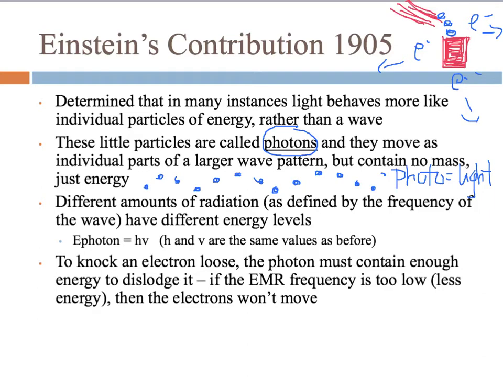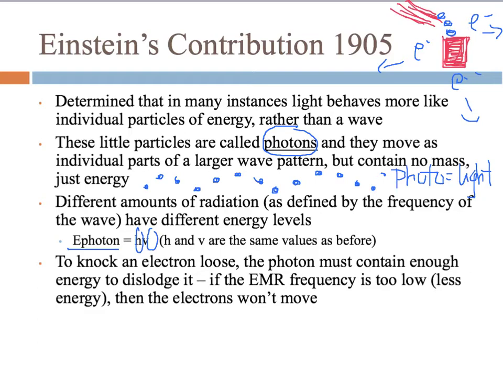So that variable amounts of energy leads us to this equation. The energy of an individual photon is represented by Planck's constant times the frequency of that photon's wave motion.